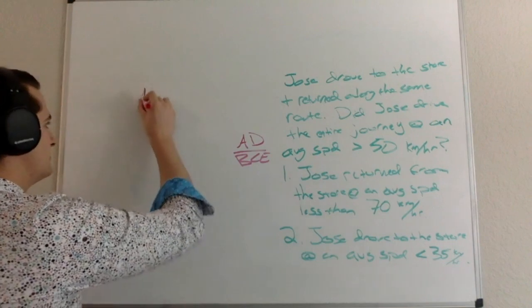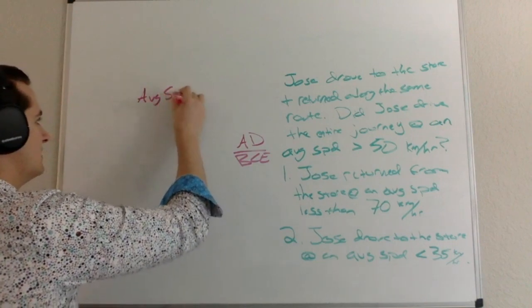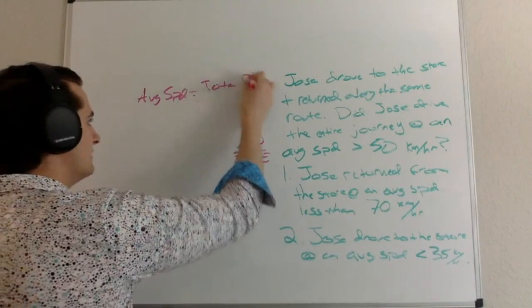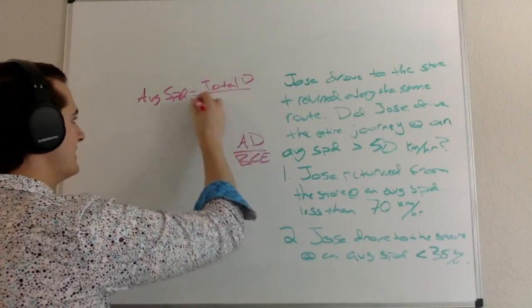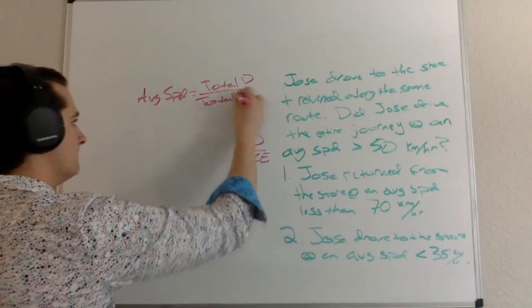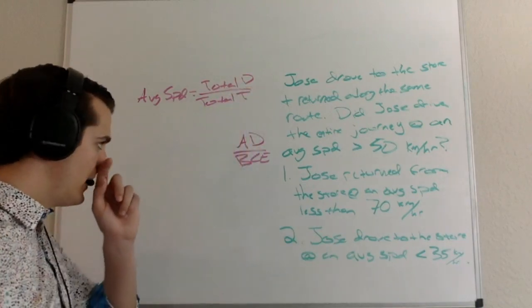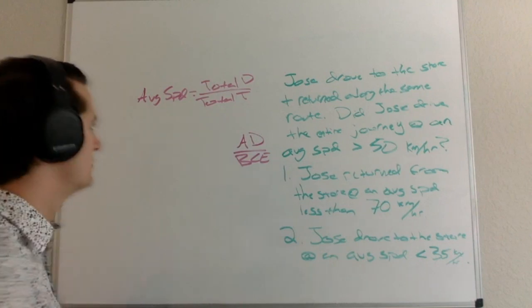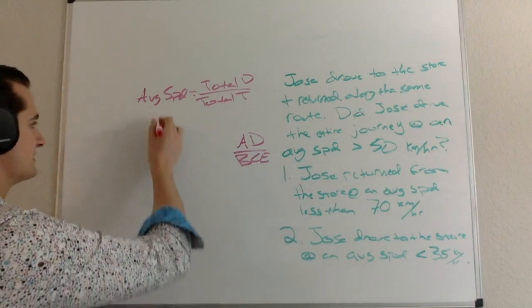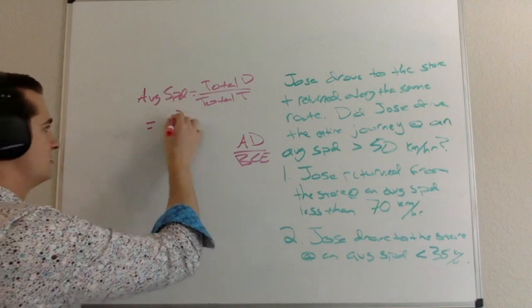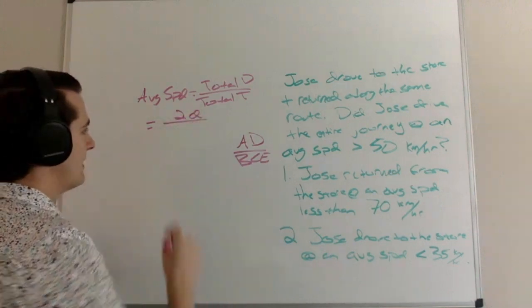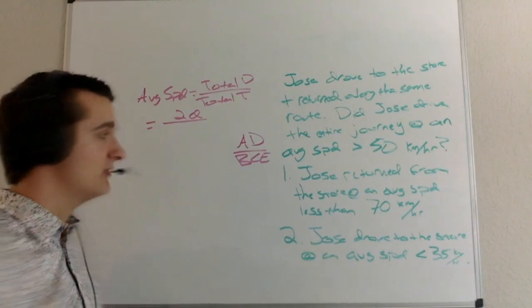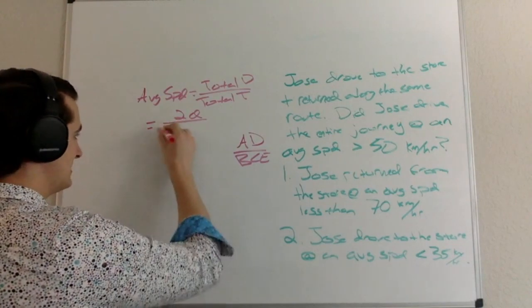I know that average speed is equal to my total distance over my total time. And I could potentially push this a little bit further and say that my total distance is 2d over my total time, which could be t1 plus t2.